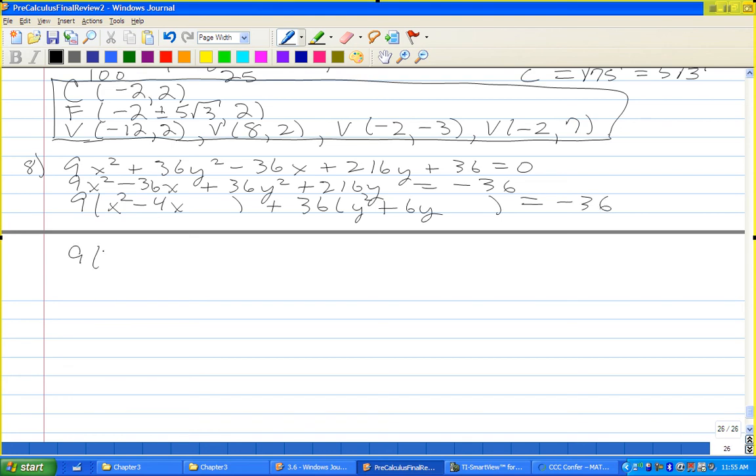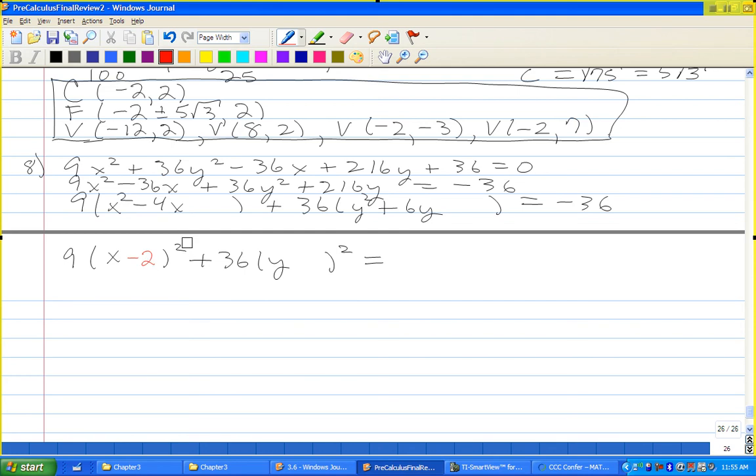And so now let's complete the square. So we have 9 times (x squared minus 4x) plus 36 times (y squared plus 6y) equals whatever. Since there's a 1 in front of the x squared, I take negative 4 divided by 2, which is negative 2.